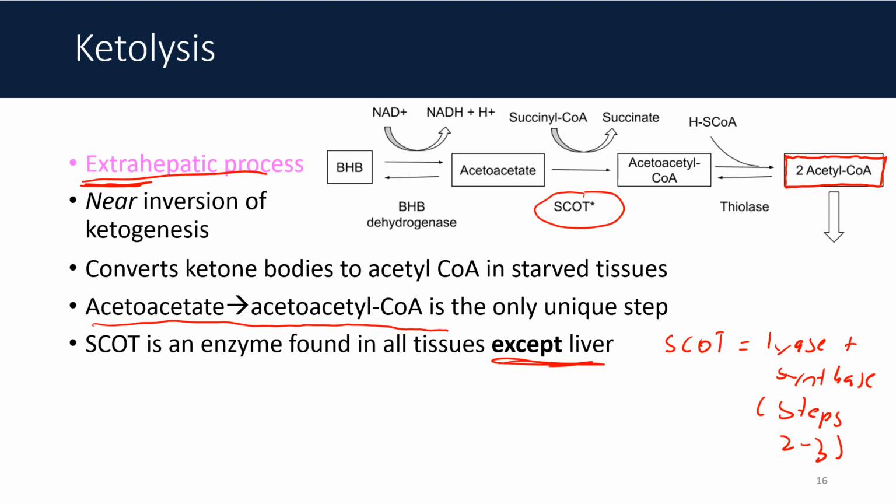Now you may be asking yourself, well, wait a minute, for ketogenesis, why did we do this transformation with two different enzymes when ketolysis is able to do the same thing in reverse with just one enzyme? Doesn't that seem inefficient?